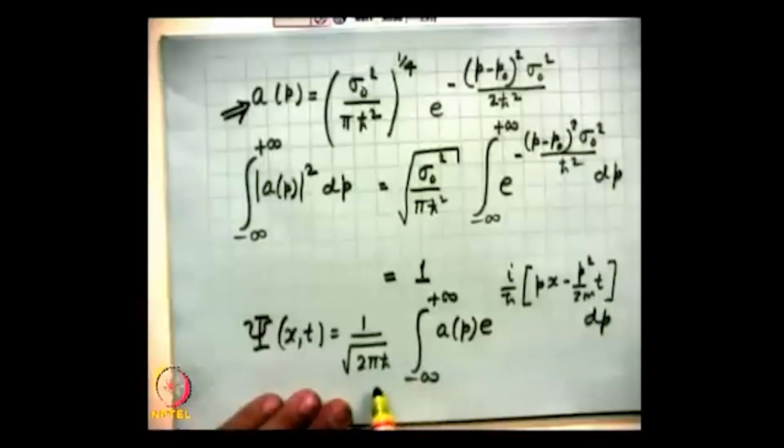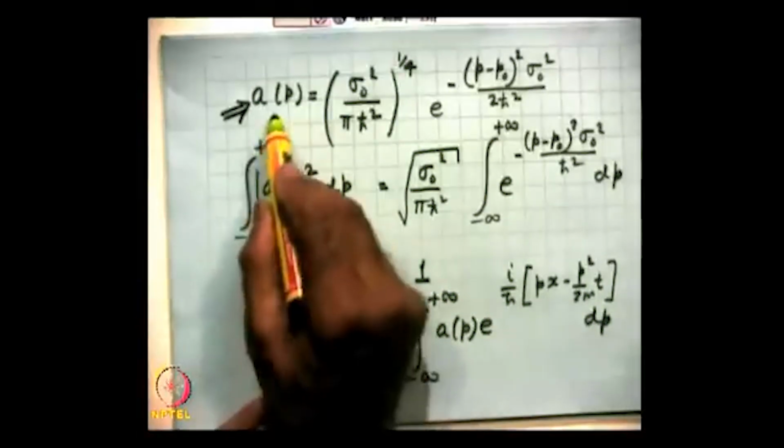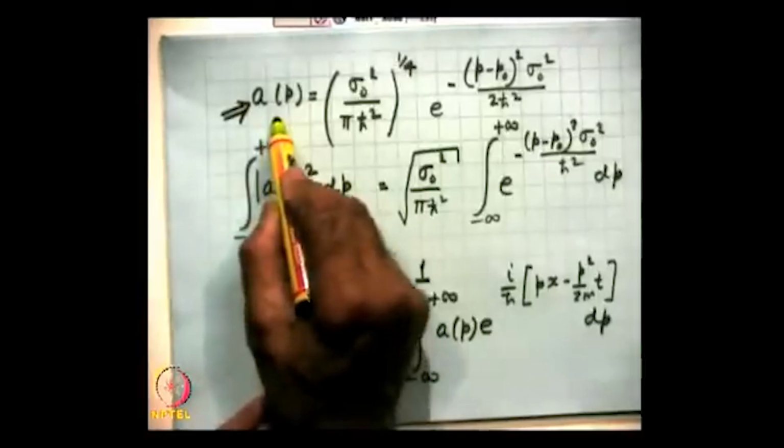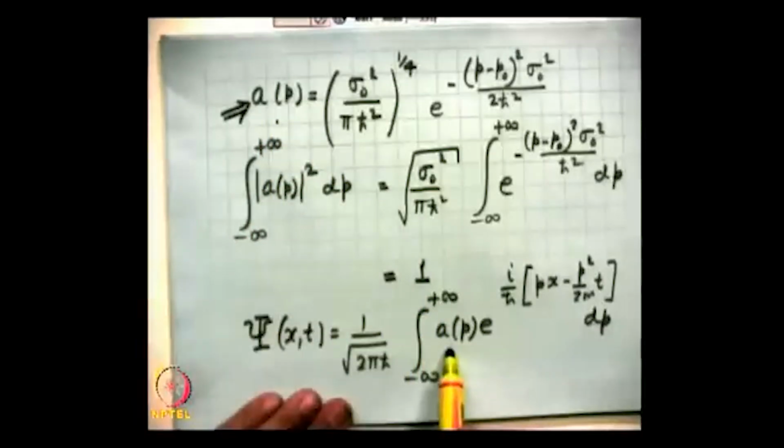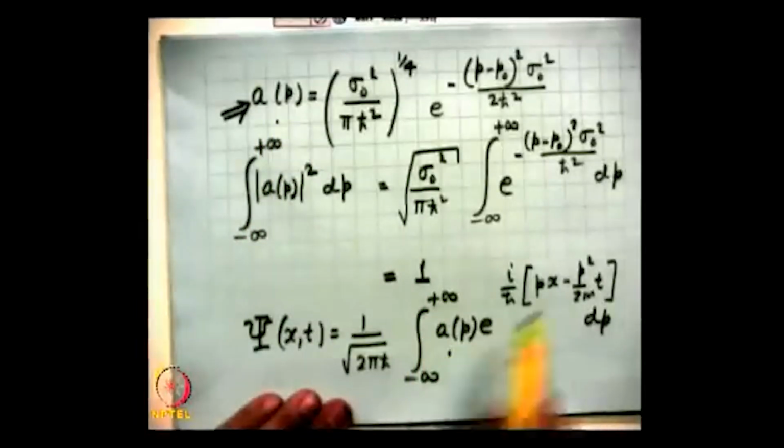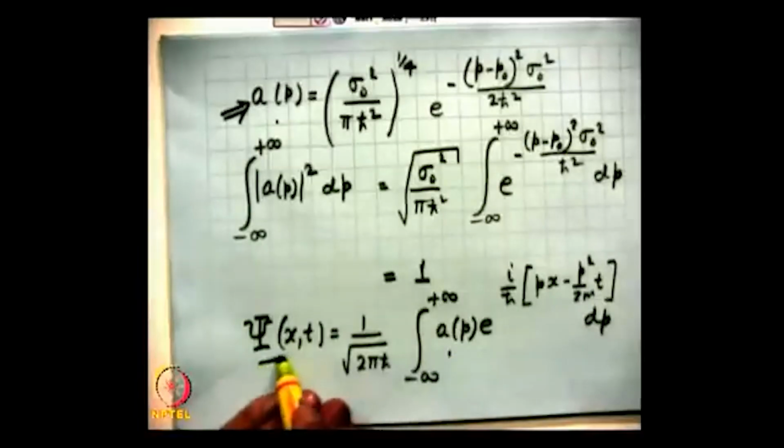So, if I know A of p, I can substitute it here, carry out the integration, and I will get an analytical expression for psi of x t.